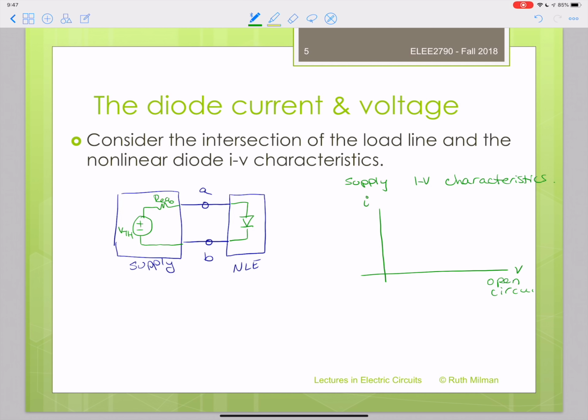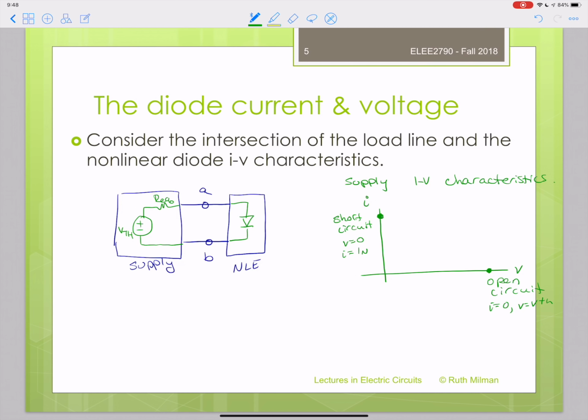At the open circuit, I is equal to 0, V is equal to VTH. We also know that we have a short circuit. At the short circuit, we connect a wire. When we connect a wire, V is equal to 0, and I is equal to the Norton current. Draw each of these into our graph.